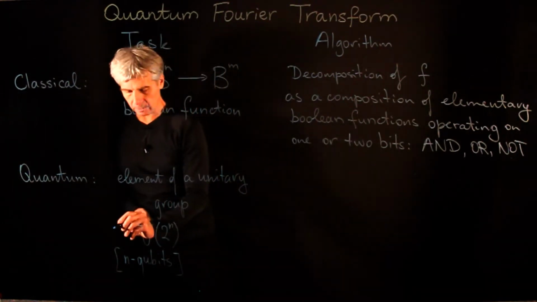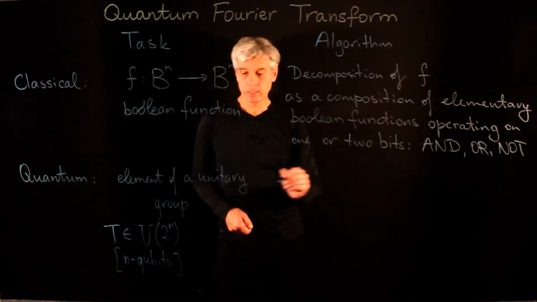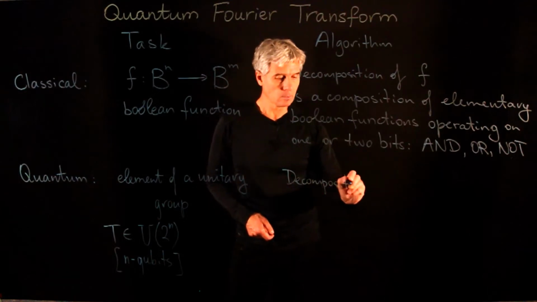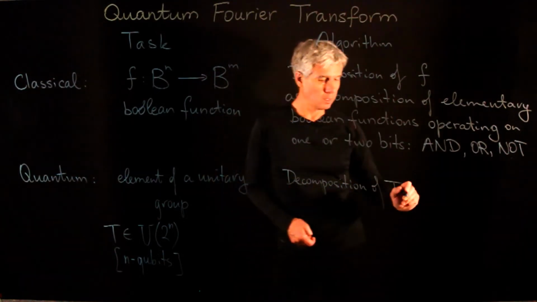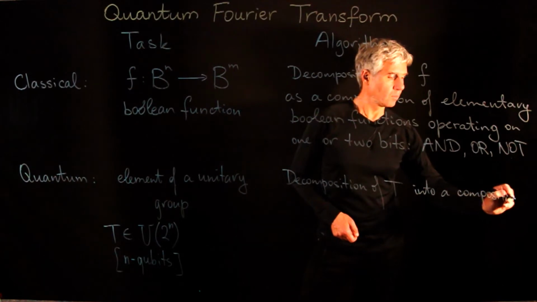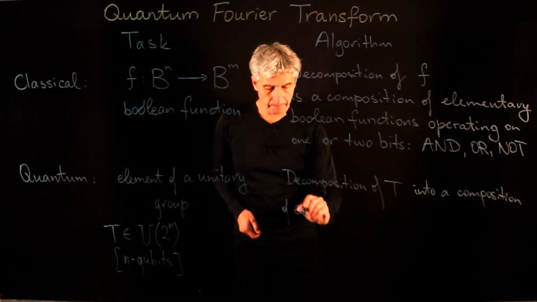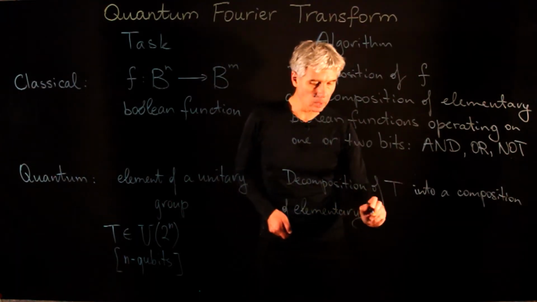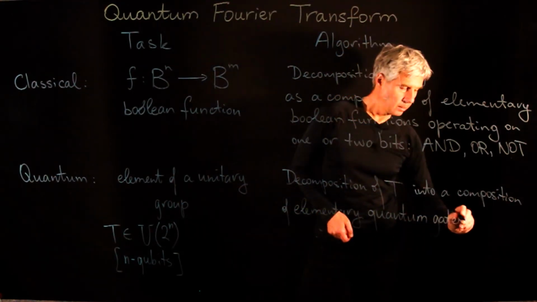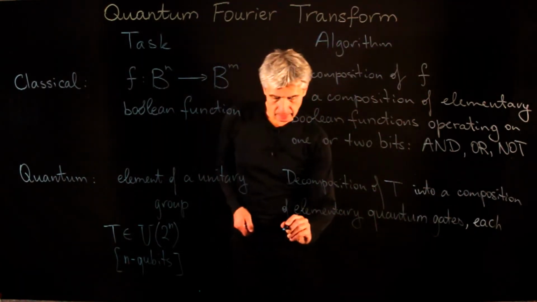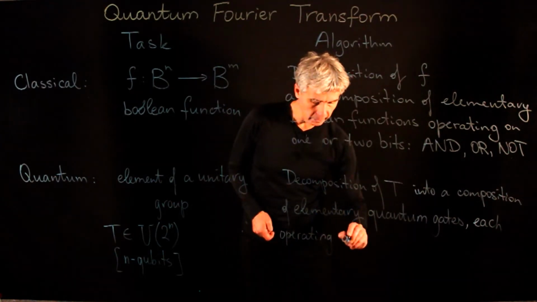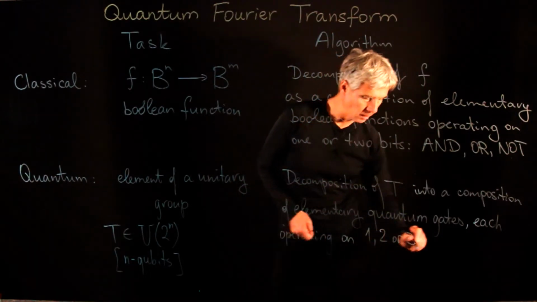If we call this element T, then a quantum algorithm is a decomposition of T into a composition of elementary quantum gates, each operating on a small number of qubits, on 1, 2, or 3 qubits.